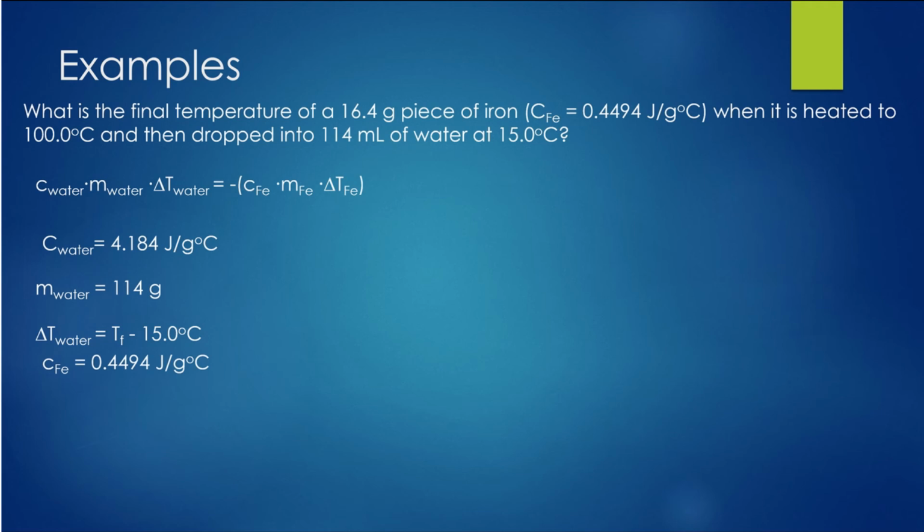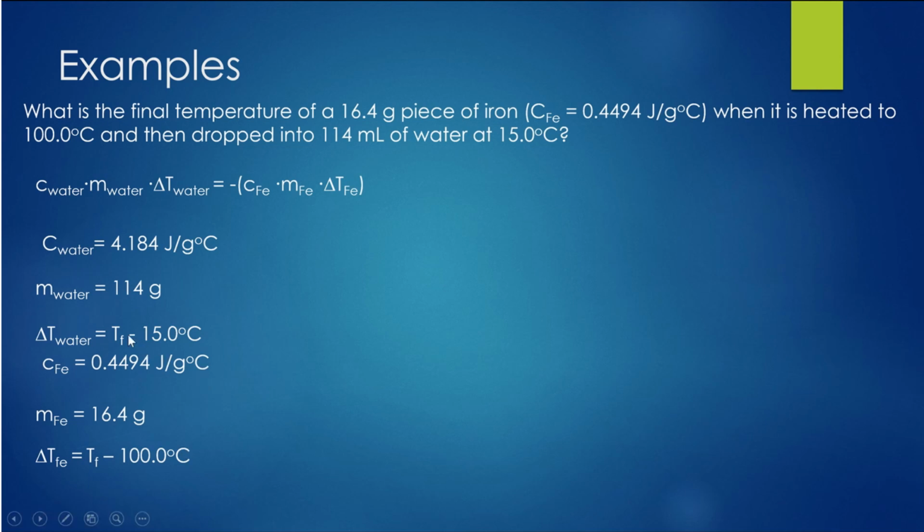The other variables that we have, they gave us the specific heat of metal, so 0.4494 joules per gram degree Celsius. The mass of the metal was a 16.4 gram piece. And the change in temperature, that piece of metal started off at 100 degrees Celsius, and it ended at, hey, there's our TF again, our final temperature.